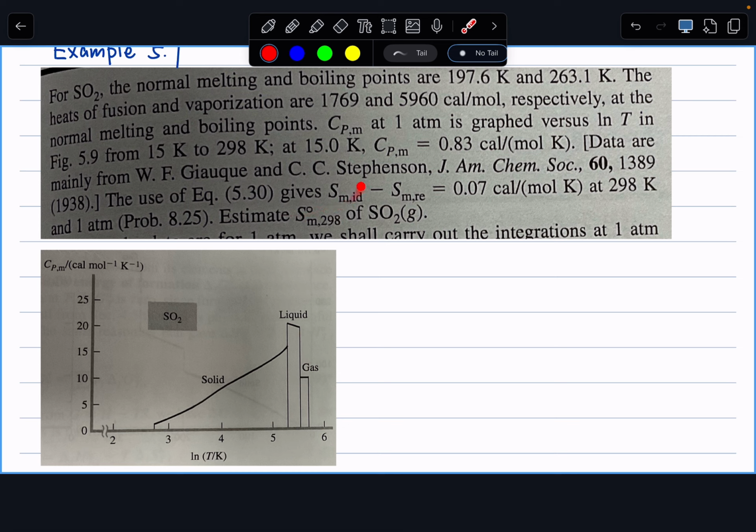We also tell you the entropy change of converting ideal to real gases at 298 Kelvin and 1 ATM. And the question asks you to estimate the standard conventional entropy of SO2 gas at 298 Kelvin.